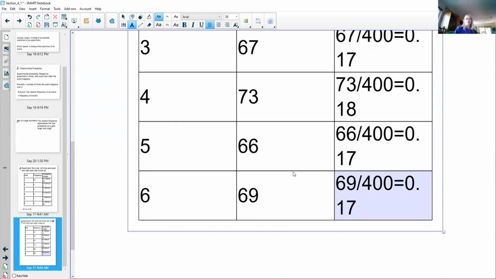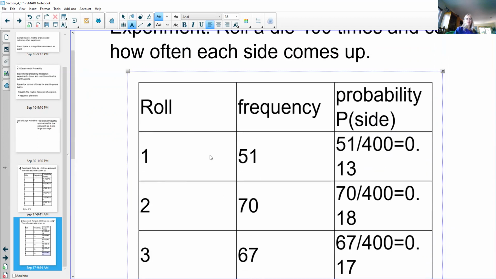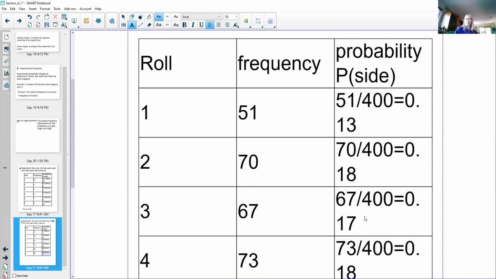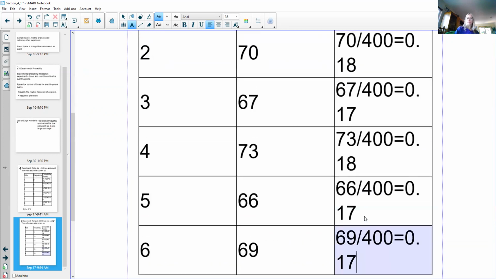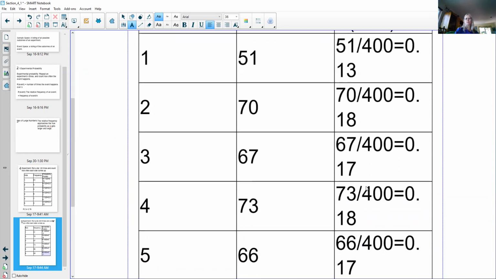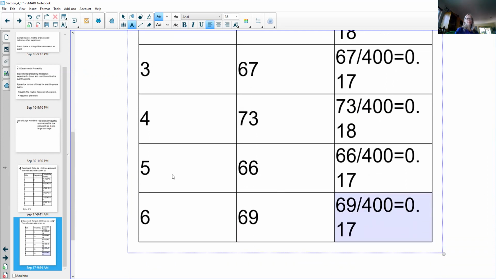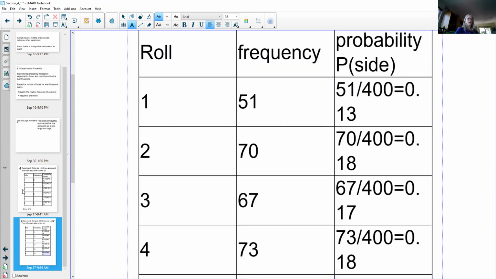And so these are known as experimental probabilities because I actually did the experiment, counted how often I saw a side come up, and actually calculated these probabilities. Notice they're not all the same value. But again, if I were to repeat this experiment more and more times, these would slowly approach what the true probabilities really are. I do want to point out that the probabilities of each of these sides are roughly around the same value.